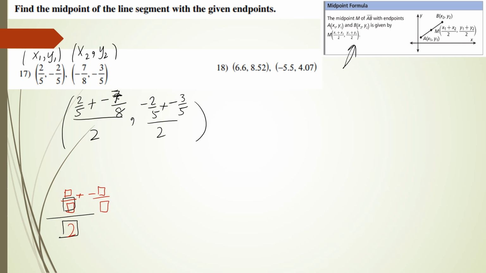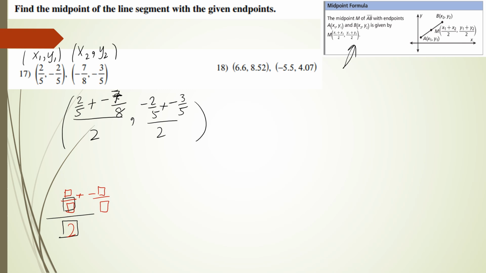Okay, so let's start. So let's write it in the calculator. 2 by 5 minus 7 over 8, whole divided by the 2.